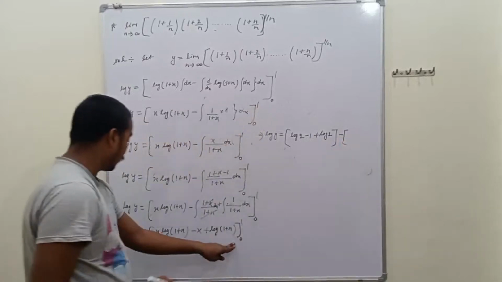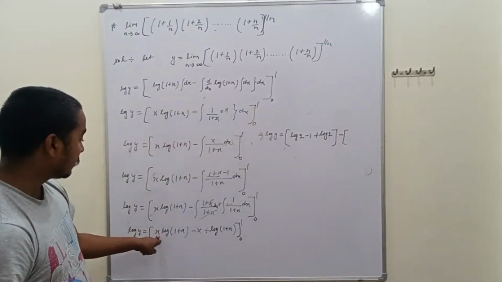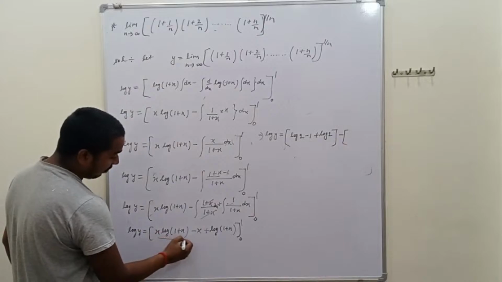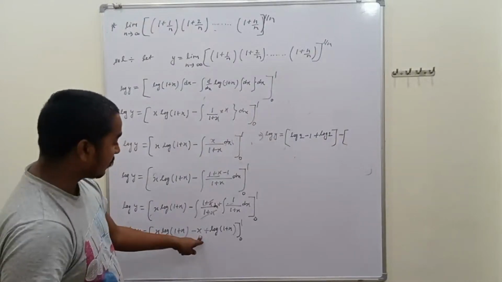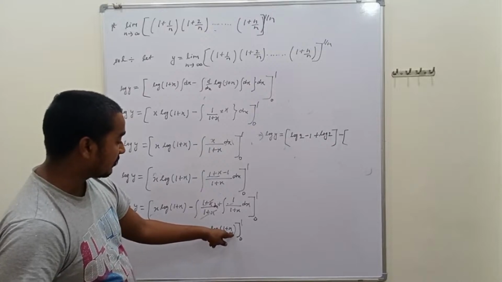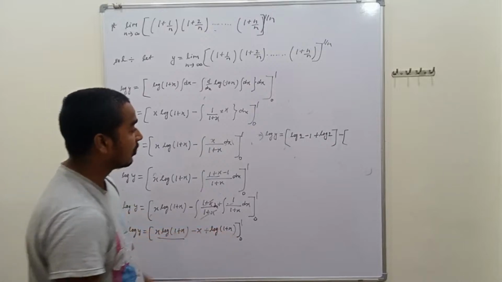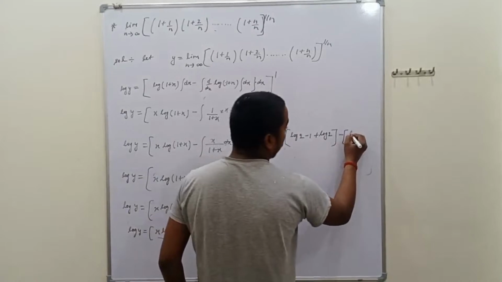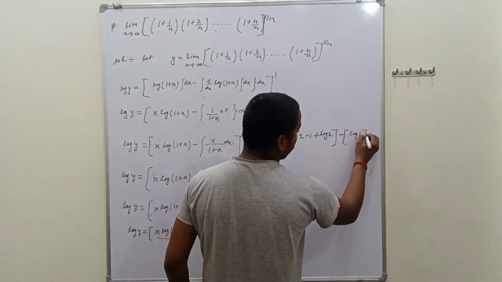We put 0 here, so the first part is all 0, and x is also 0, and from here we put log(1 + x), in place of x we put 0, that is log 1, and log 1 is also 0.